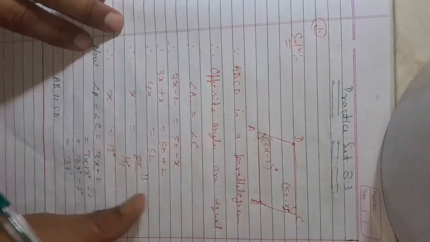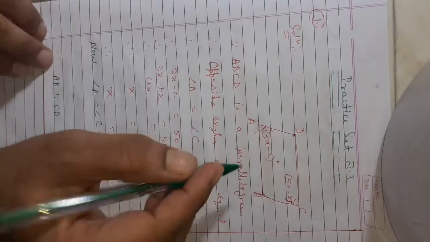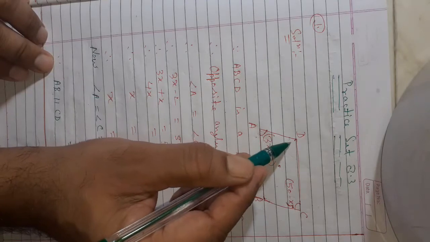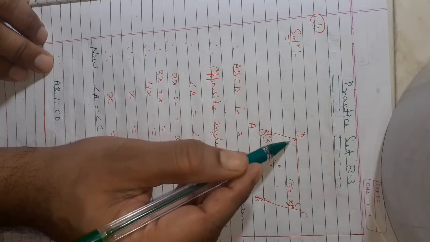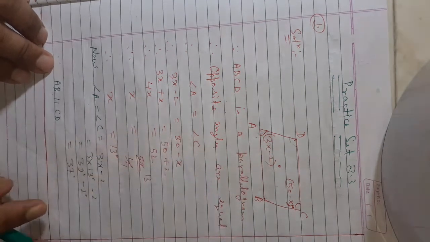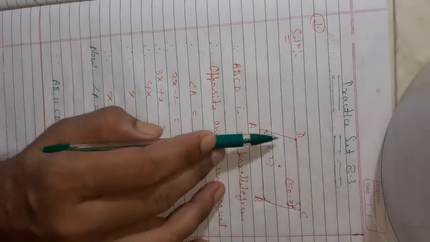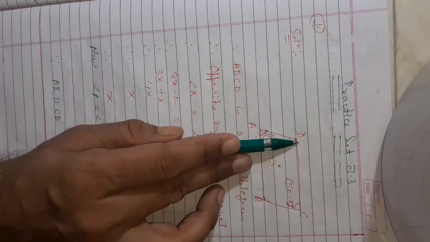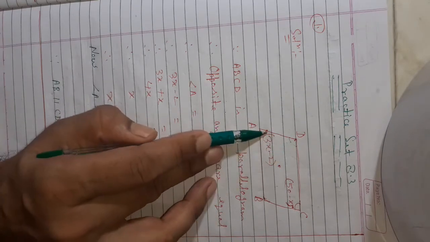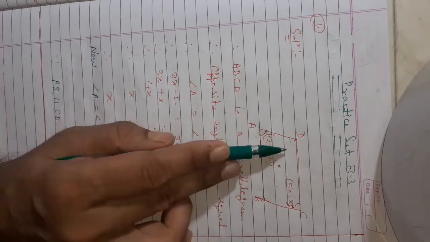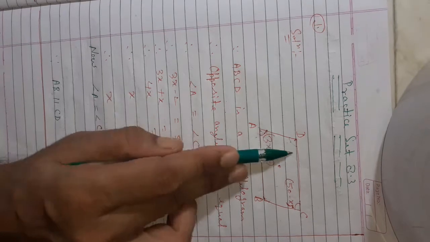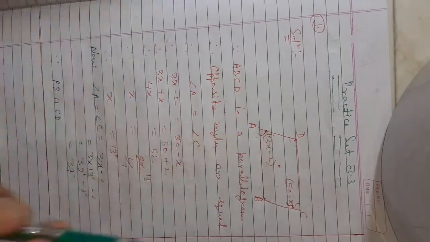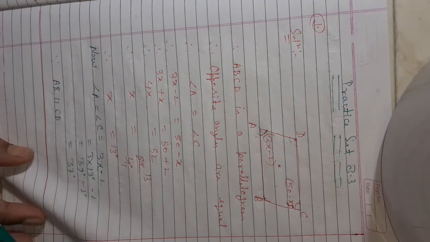Therefore, this angle plus this angle, the sum of both angles should be 180 degree. Why? Because they both are parallel lines and this is a transversal line. So the sum of these two angles should be 180 degree, because these are internal angles.